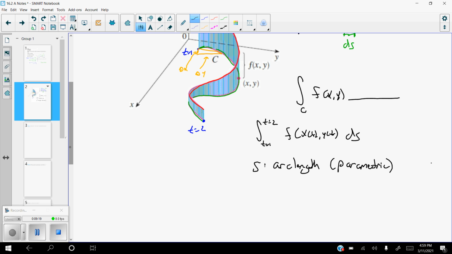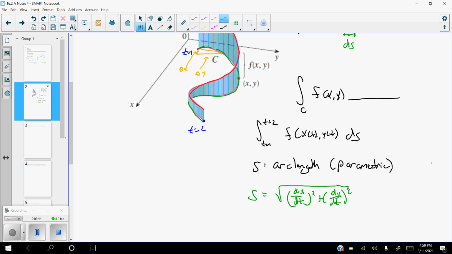So our s, our arc length, is dx over dt squared plus dy over dt squared, take the square root. That's the hypotenuse of the triangle.